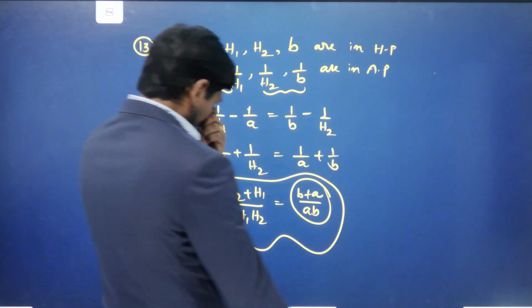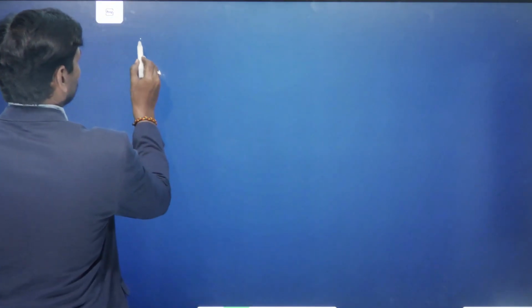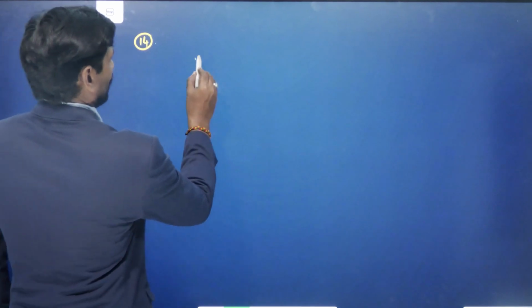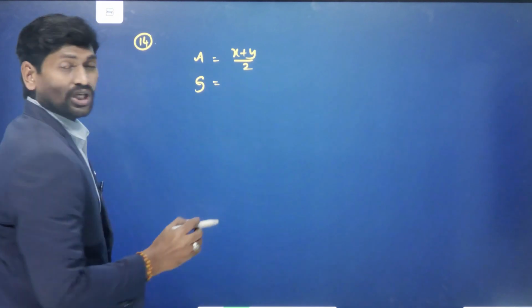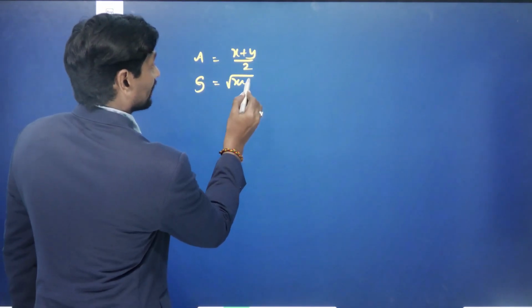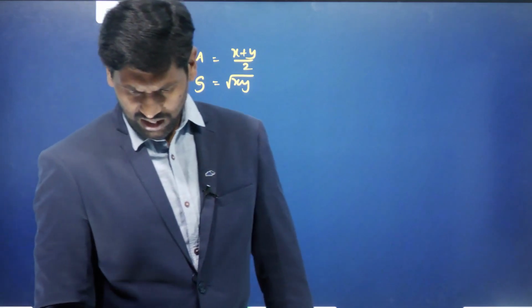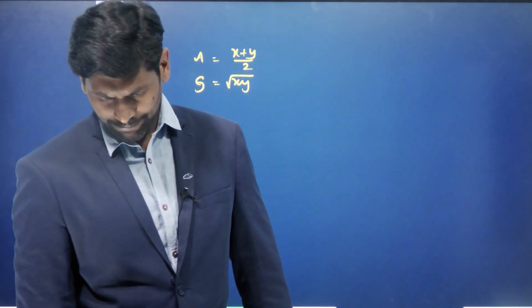Problem number 14 is: if x, y are two real numbers and A is half of their sum, and G is the square root of their product, and H is the average of their reciprocals. Then what we have to find is the condition. A is half of their sum, that means (x plus y) by 2, and G is the square root of x into y.